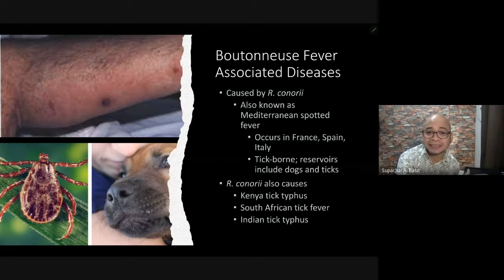So it's the reason why it's called Boutonneuse. Okay, so tick-borne, and the reservoirs are also dogs and pigs. Okay, and then Rickettsia conorii also causes the Kenya tick typhus, South African tick fever, and even the Indian tick typhus. So the name depends on the locale of the infection.